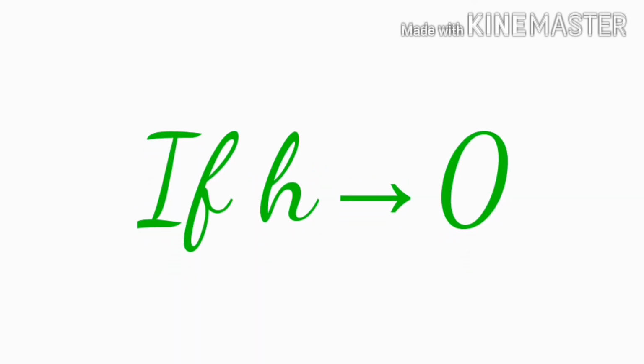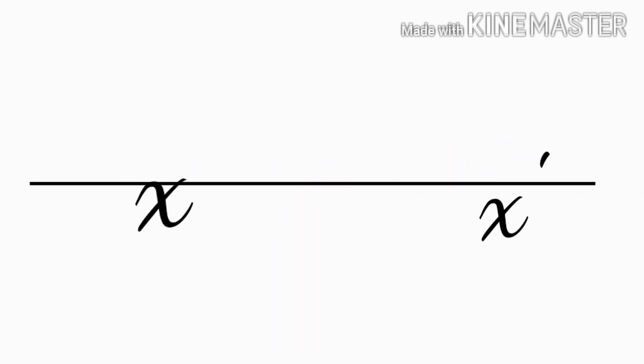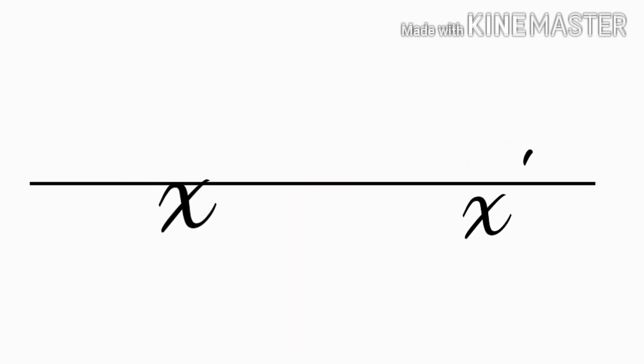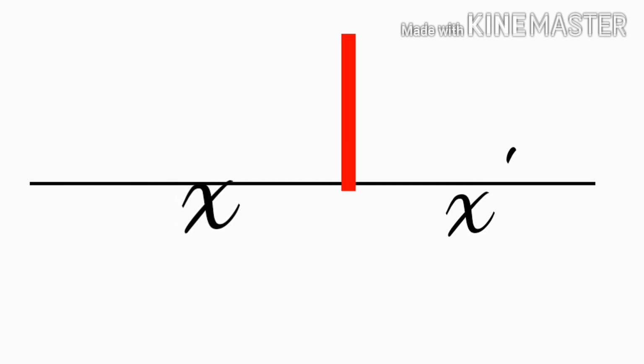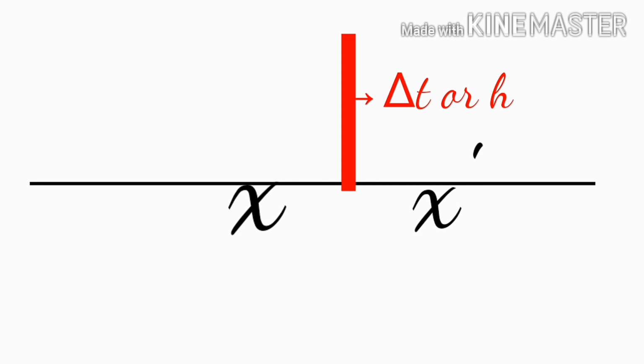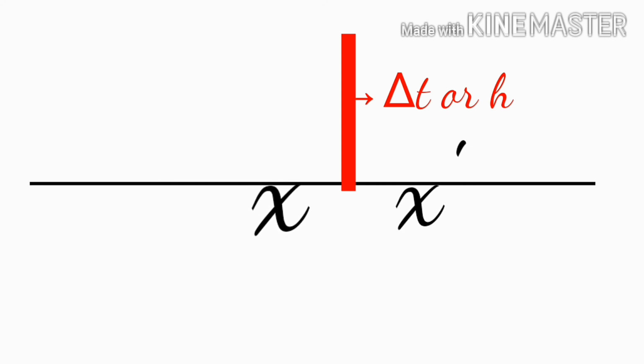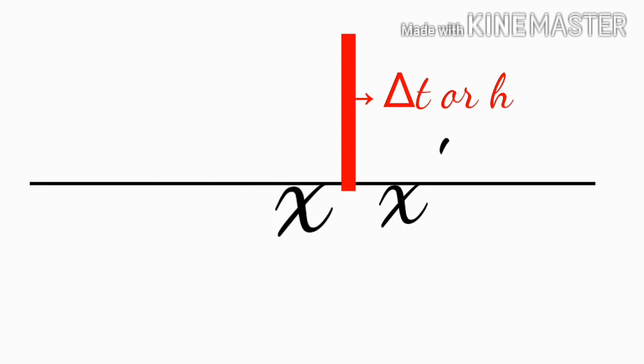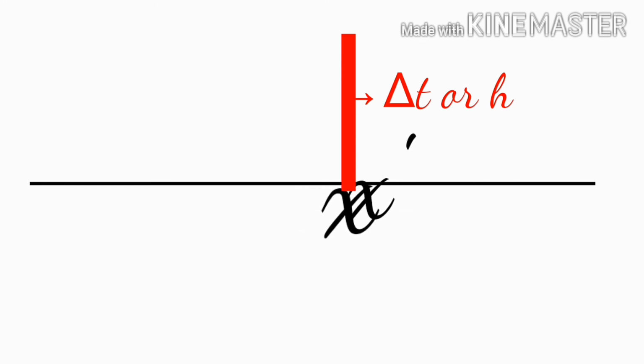Suppose h tends to 0, meaning the value of h becomes very small, and we can see that the 2 points x and x dashed are coming towards each other and keeping a gap of very small value between them. Then can't we define this as delta t or h?